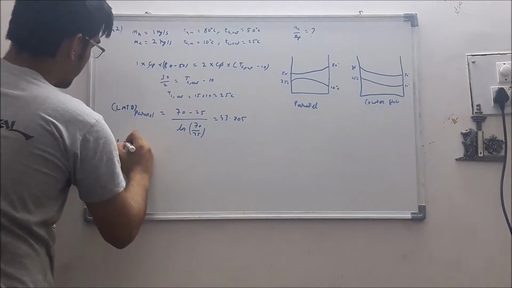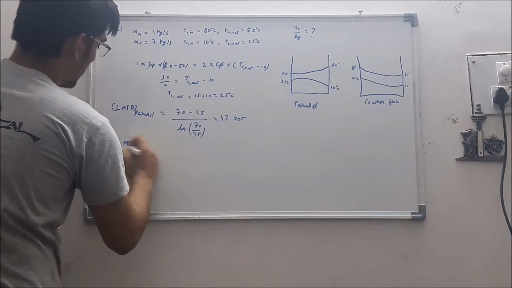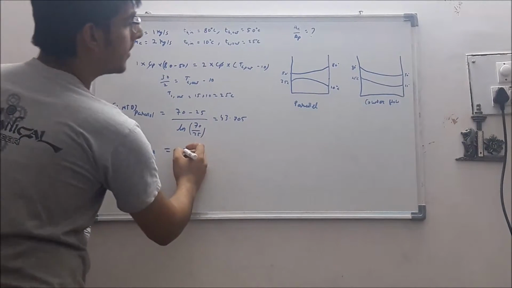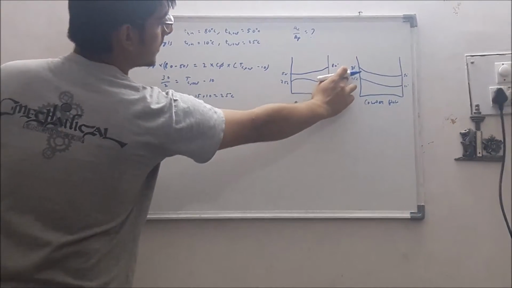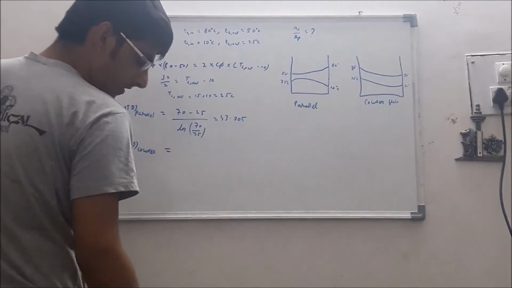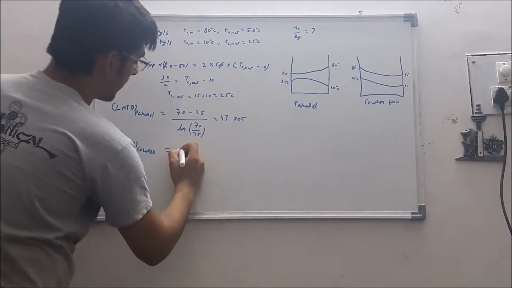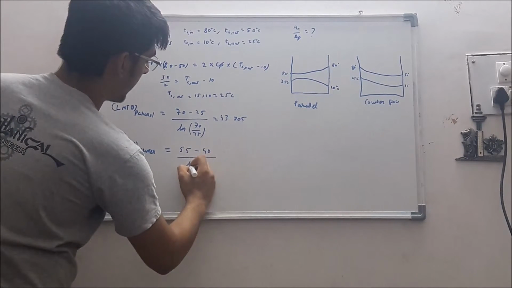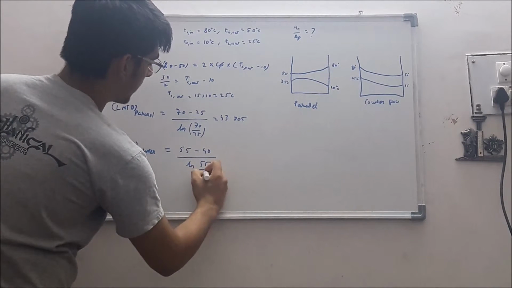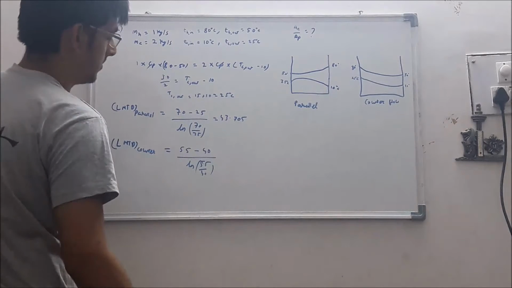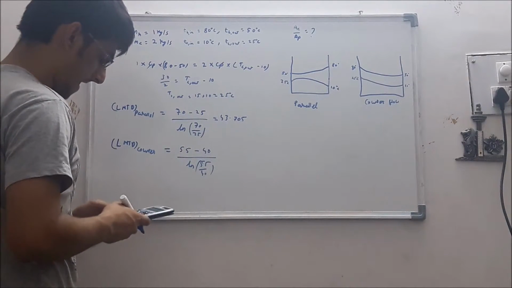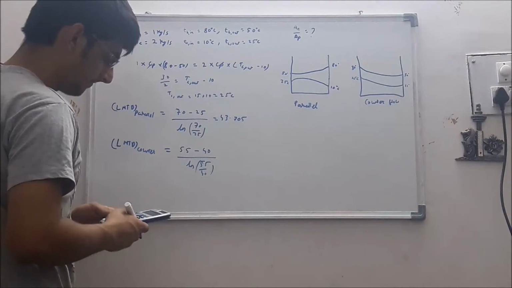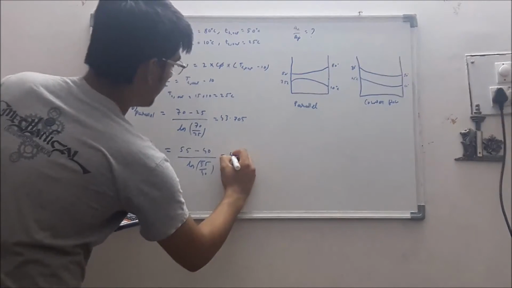And LMTD for counter flow will be equal to (80 minus 25) minus (50 minus 10), that is 55 minus 40, divided by ln(55 by 40).